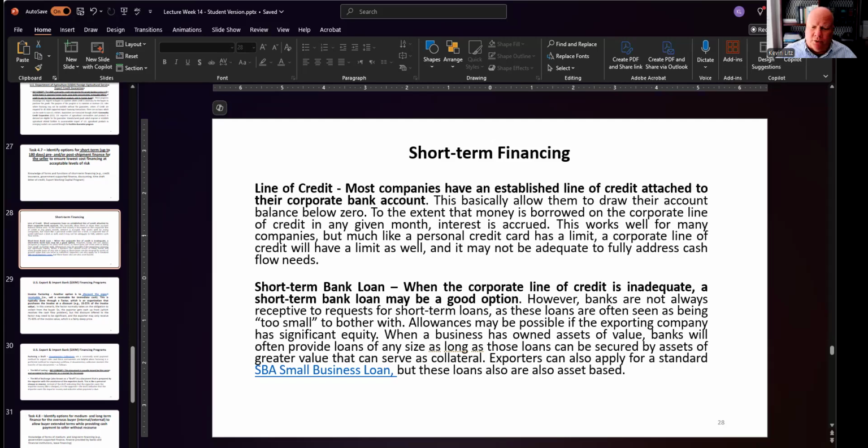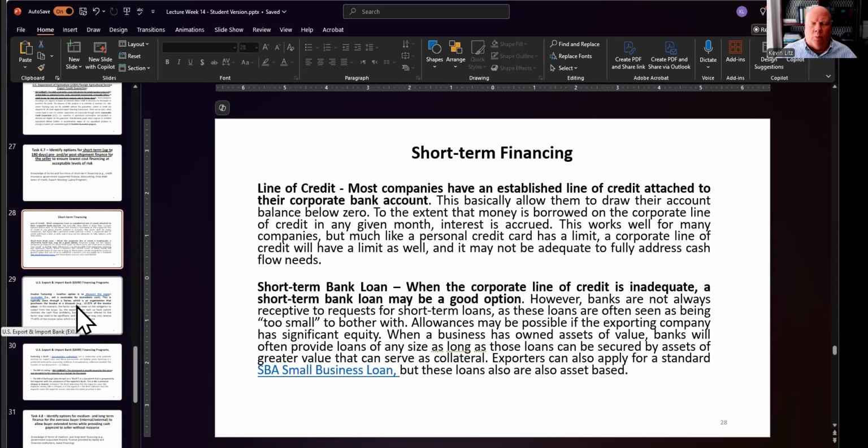Say, for example, you're doing a $10 million project that's outside your normal operations. Many banks will give you an additional loan for that operating capital until you receive payment. But of course, you need to calculate the interest and fees into the selling price so you recoup that from your customer ultimately.